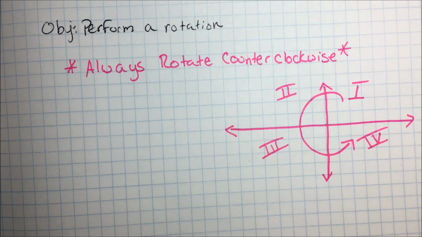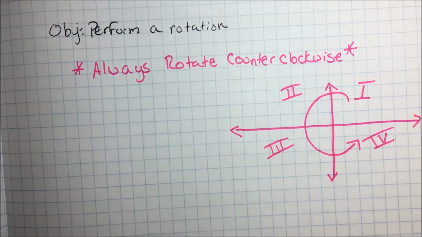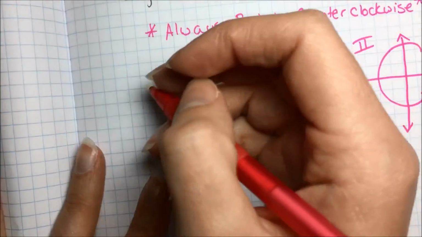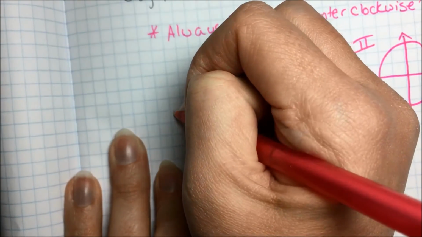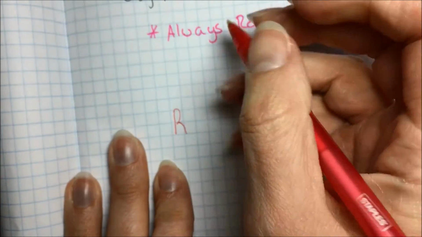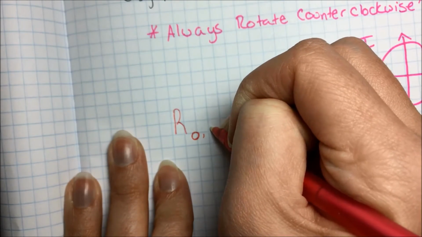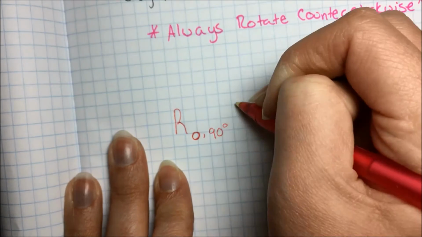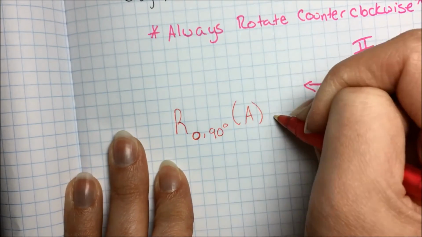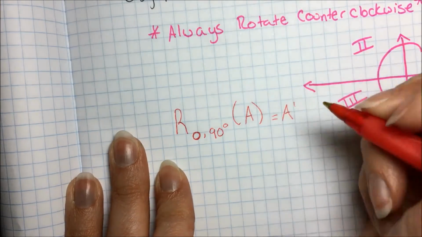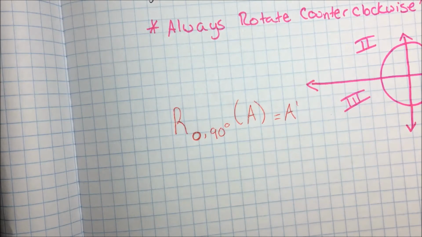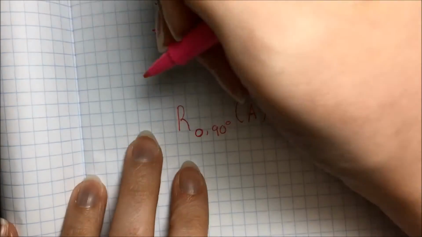So there's a couple of things we need to know about the notation. So I'm going to use my red pen. For the notation, it'd be capital R for rotation. Usually it gives you some point and then some degree. So if I were to look at these different things, the R stands for rotation.